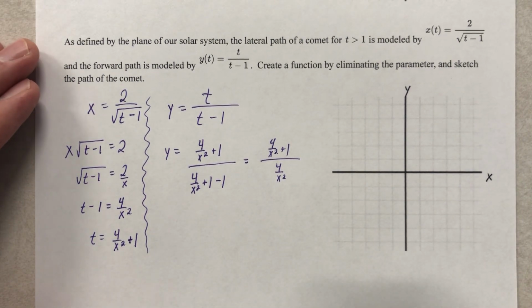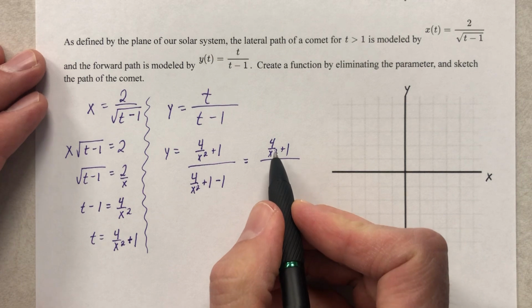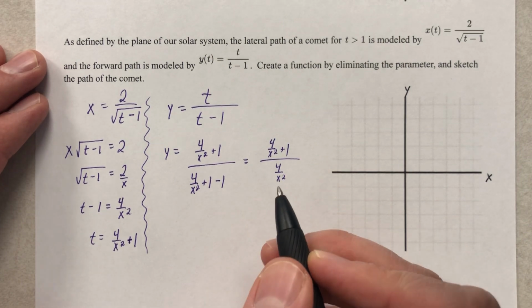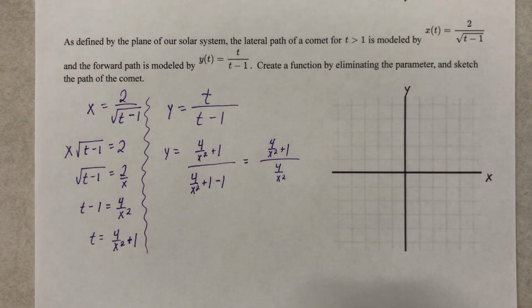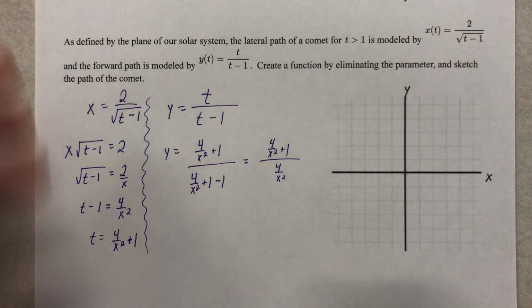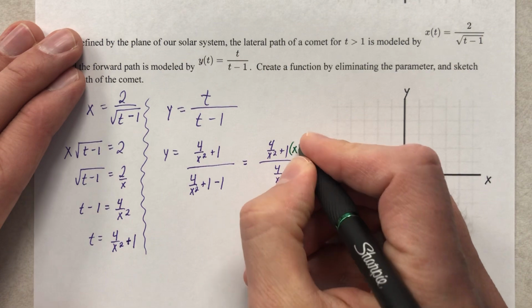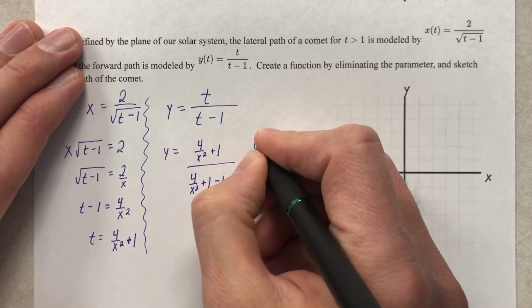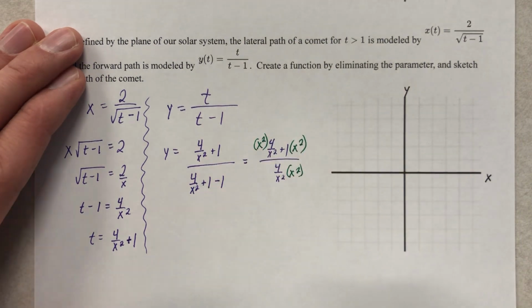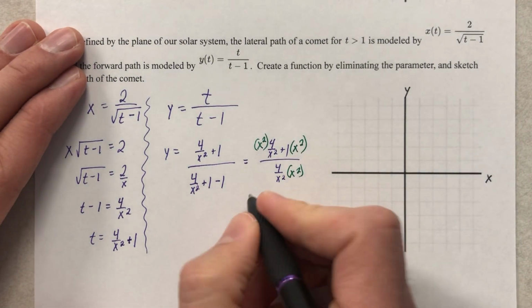So I have a wonderful idea that is not my original idea. Let's multiply. Let me pause for a second. This is what we call a complex fraction, where we have fractions on top of fractions inside of fractions, and it's nasty. If you multiply every term by the least common denominator, which in this case is x squared, then you will eliminate all the fractions within the fraction, and you'll be left with the big fraction.